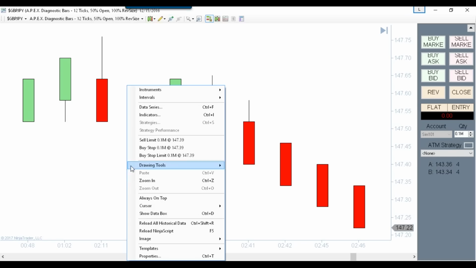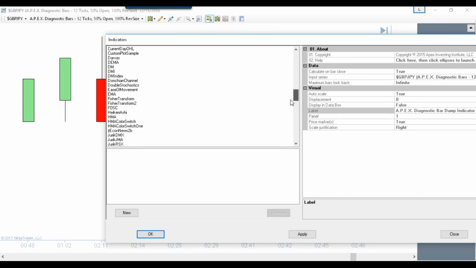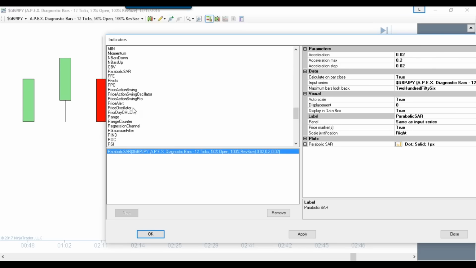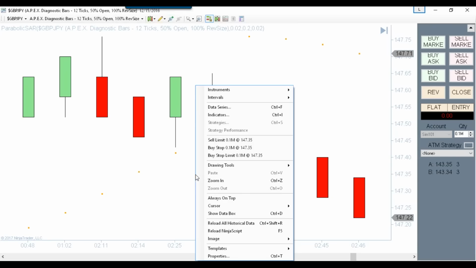And then you say, well, I like to throw on some indicators here. And I'm going to show you a few different charts here on the Nadex platform as well. But let's say some of you like, oh, I like to use the parabolic SAR. Okay, look, the SAR was going long, now it's going short. All right, so that helps me out, confirms me a little bit, right?